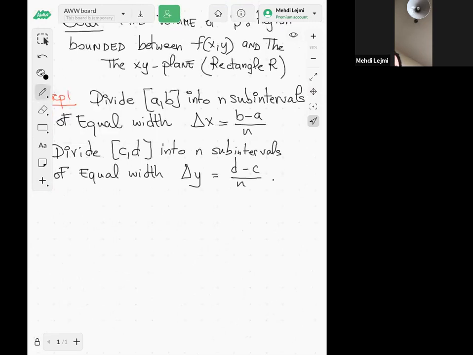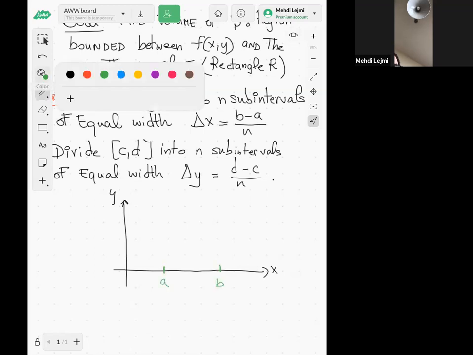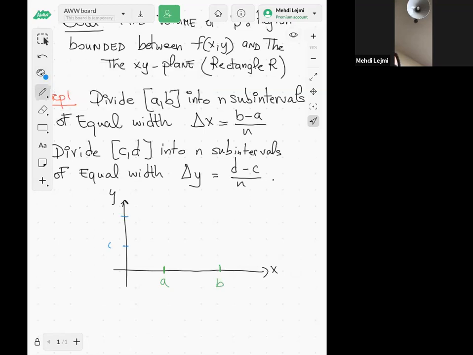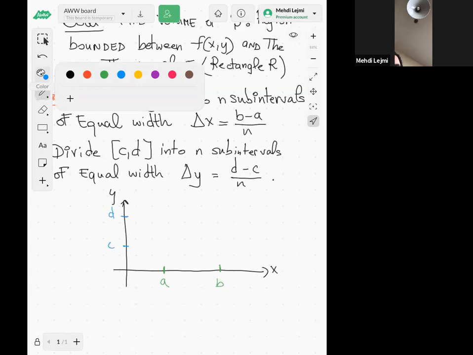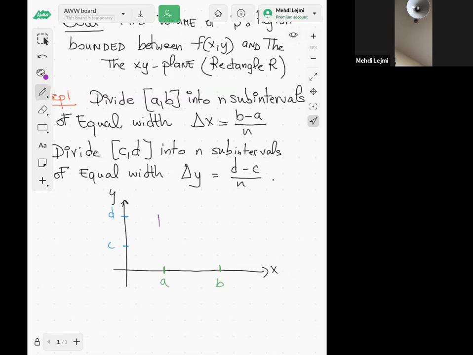I have my x-axis, my y-axis, my interval AB, and my interval CD. Here's my rectangle R, that's AB cross CD. Now I divide my interval AB into n subintervals.